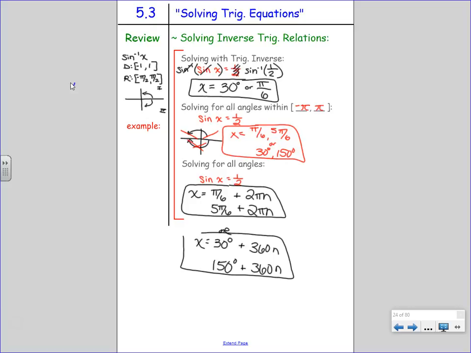What would be an impossible equation? Oh, if you have like 3 over 2. Yeah. What if sine of x equaled 3 over 2? Is that possible? Sine only goes up to 1. So could there be an impossible equation every now and then? I suppose. But not very often. Let's keep going.